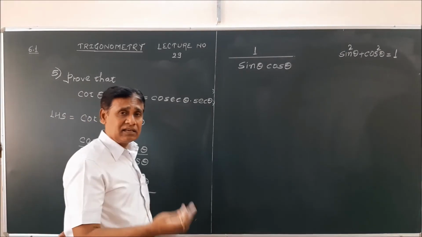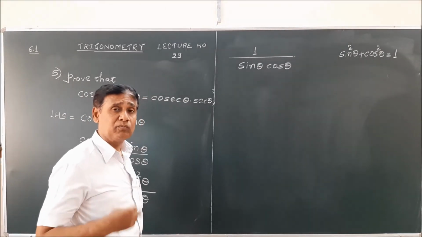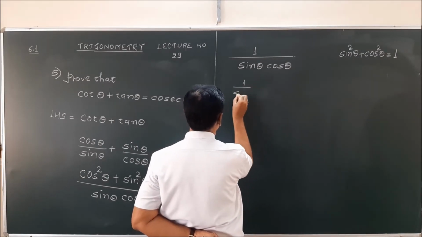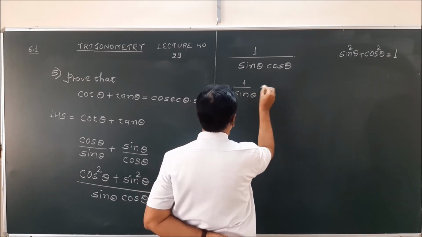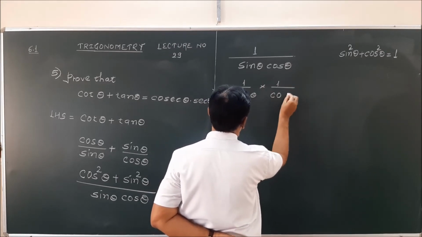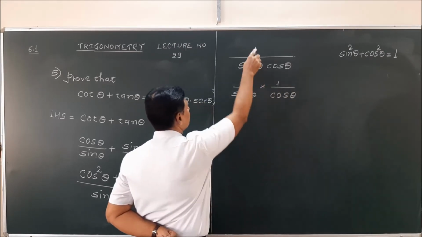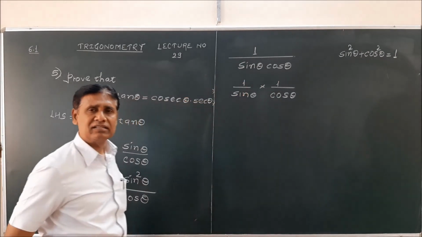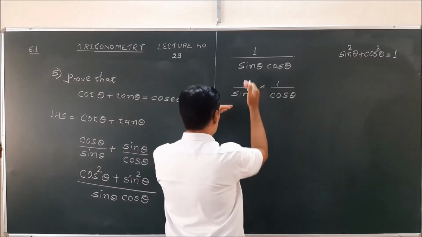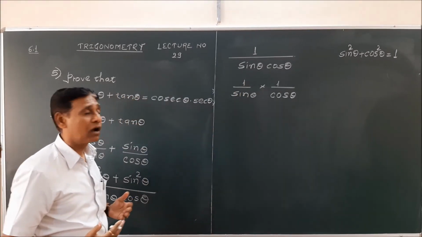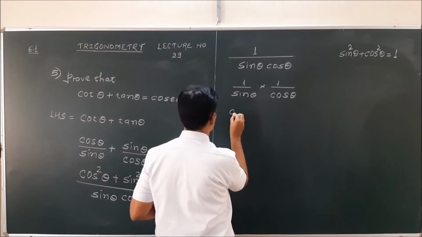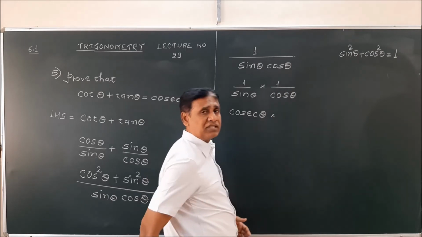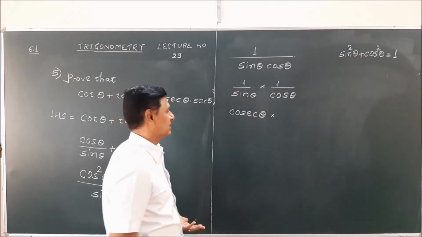Now please try to understand the next step, which is more important. To take this as 1 upon sin theta into 1 upon cos theta, 1 ones are 1, sin theta into cos theta. To write this or to write this is one and the same. 1 upon sin theta is cosec theta. 1 upon cos theta is sec theta.